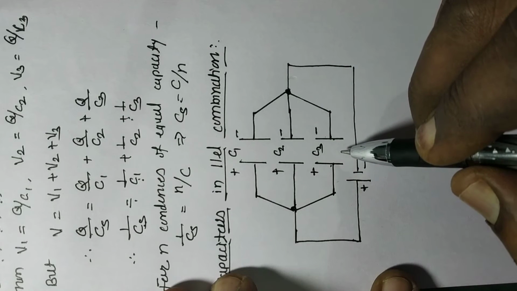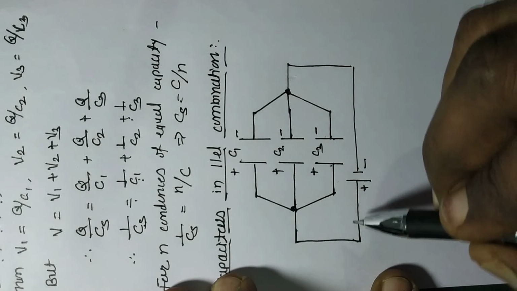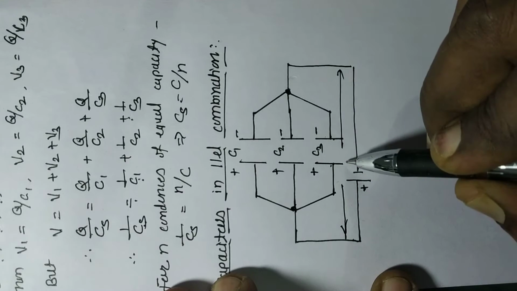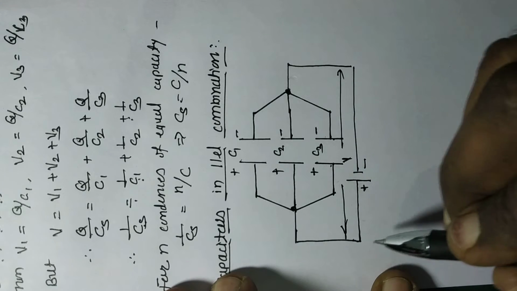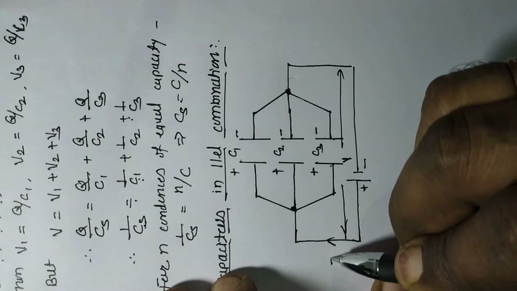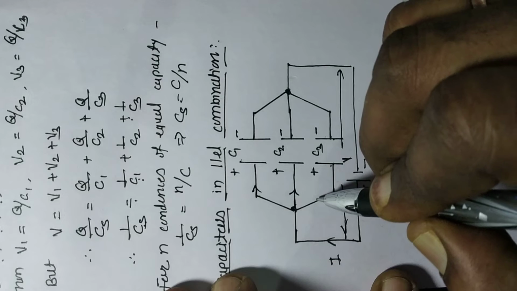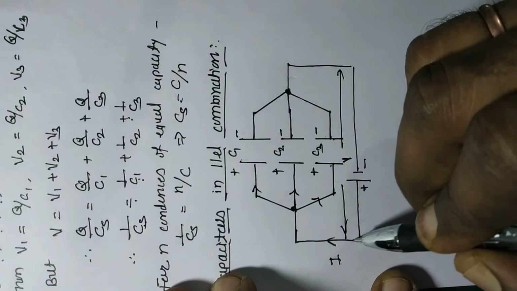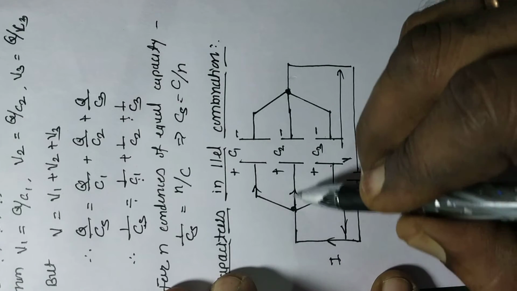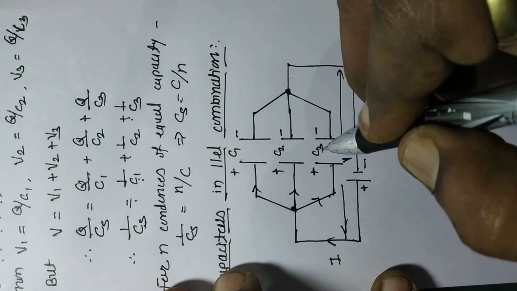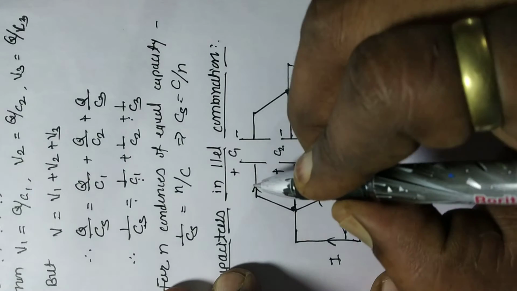As capacitors are in parallel, potential across each capacitor becomes the same. But current flowing through each capacitor is different. Means this current is divided into different parts and hence charges on each capacitor become different.